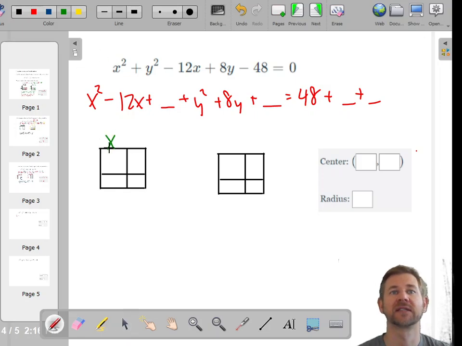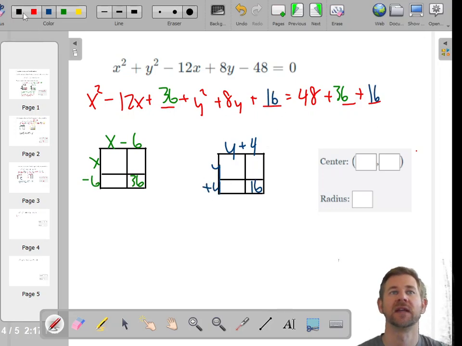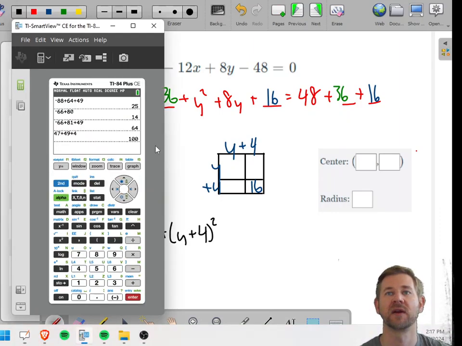So this would be x minus 6, because half of negative 12 is negative 6, which means the corner is 36. And then y plus 4, because half of 8 is 4, and the corner would be 16. So 16 and 16. Now when you factor, x minus 6 squared, y plus 4 squared, 48 plus 36 plus 16 is 100 again, I think.